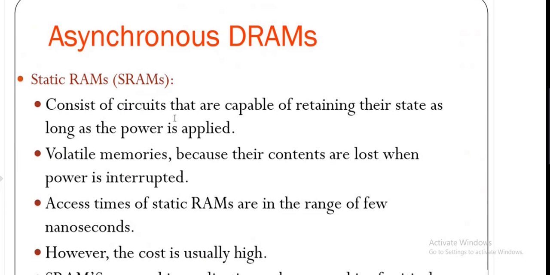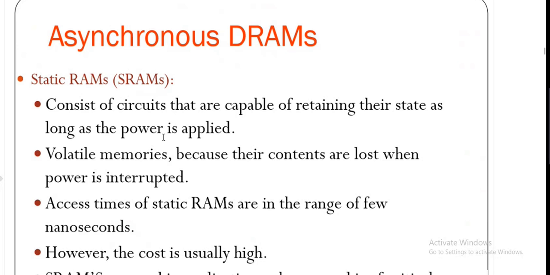Asynchronous DRAM. I think we are already familiar with synchronous and asynchronous. What is the difference? I am asking about the keywords, not DRAM. Synchronous and asynchronous, we have discussed the same thing in bus structure. In synchronous, you use a common clock.